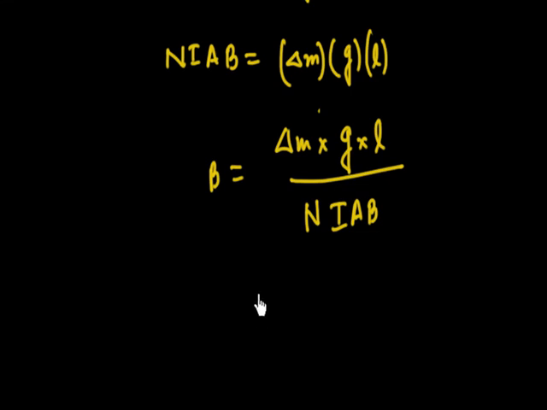And in the question, area is written as symbol S. So this becomes delta M Z L divided by NIS.